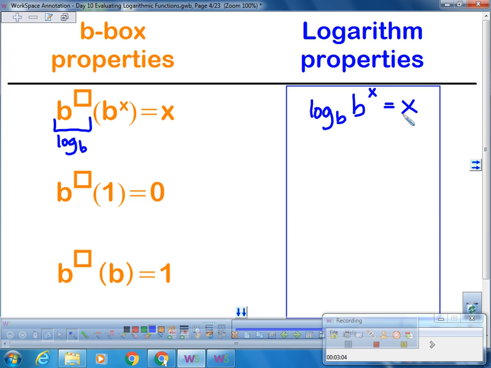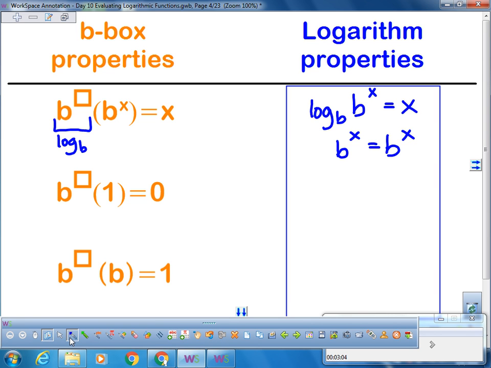If logarithms are exponents, isn't b my base? Isn't x my exponent? Doesn't that equal x? It's kind of hard to do it when you've got variables instead of numbers.